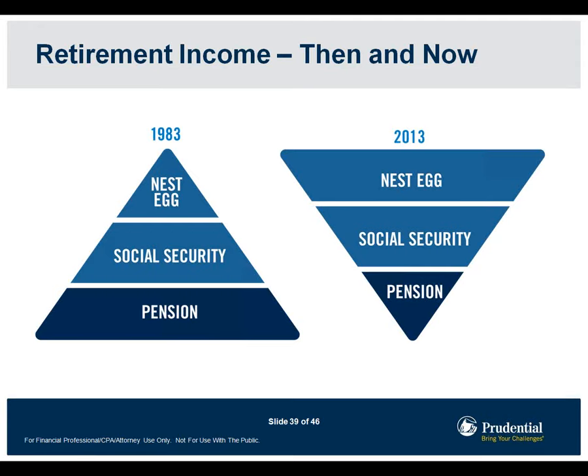I think the focus needs to be less on the cash pile and more on the cash flow. What are some of the things that your clients can do to help create additional sources of guaranteed, sustainable, potentially increasing income? Certainly, there are several solutions there, and an annuity could be one of them.